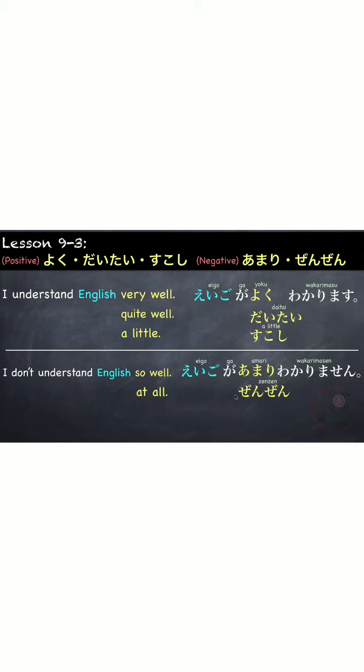Or, I don't understand English at all. 英語が全然わかりません。Next are adverbs to describe the amount of something that you have. For example, I have a lot. A lot is たくさん。Have is あります。たくさんあります。I have a lot.